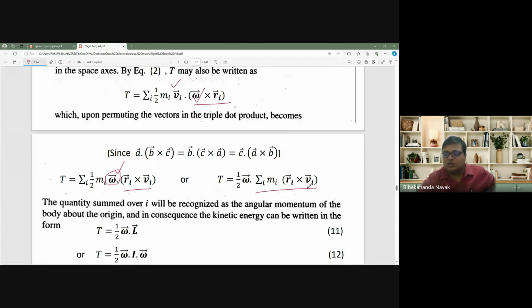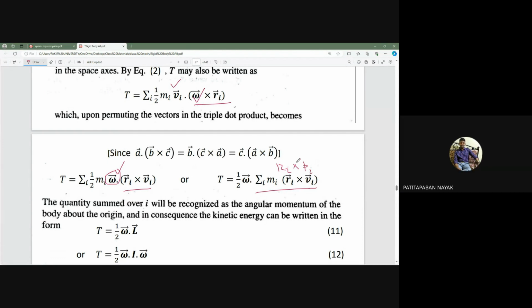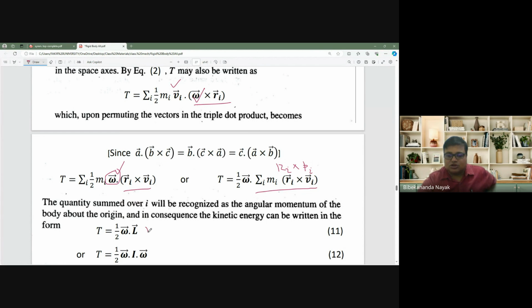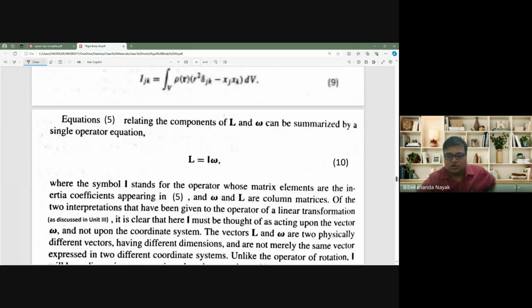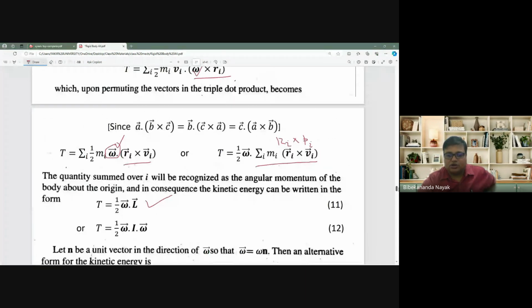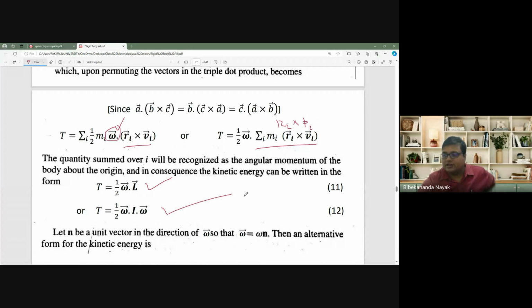But this quantity is what? ri cross mi vi is ri cross pi, which is the angular momentum L. So kinetic energy is nothing but half omega dot L. But L is equal to I omega, as we got from the last section. So kinetic energy is half omega dot I dot omega.